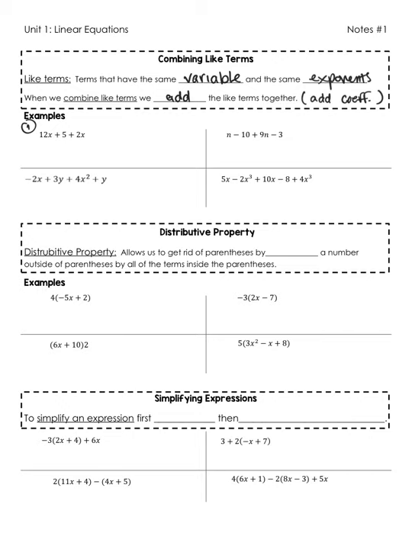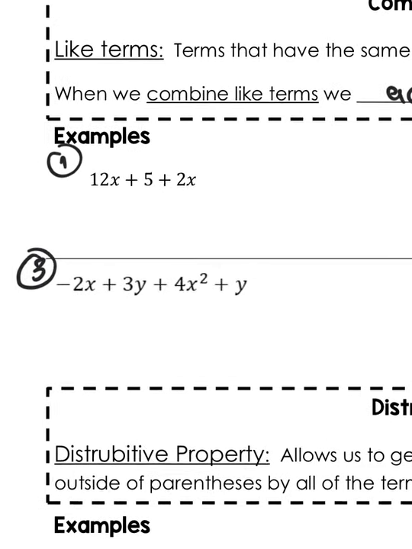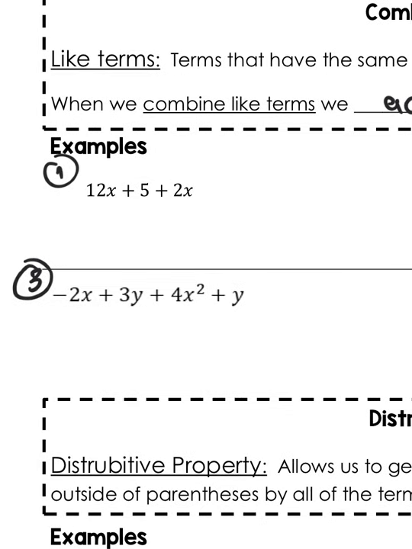So we are going to do number 1 and number 4 together, and then I want you to try number 2 and number 3 on your own. So I'm going to zoom in here to number 1. When I look at this problem, I am trying to combine my like terms. So I need to know what my like terms are.